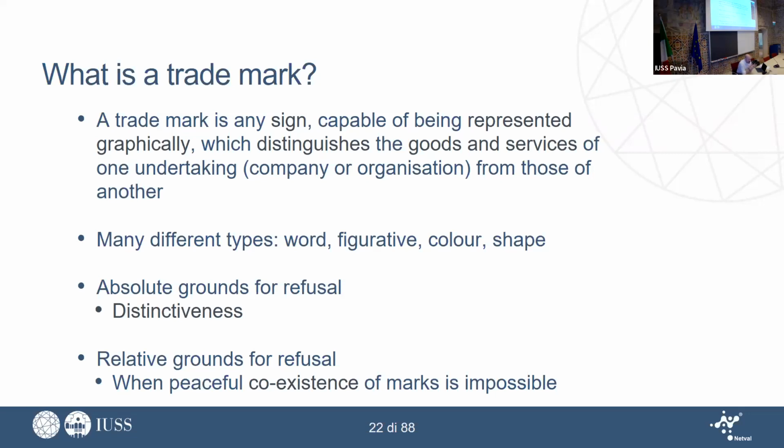In European law, the sign, the trademark, has to be able to be represented in the European Union Trademark Register. So the elimination of the geographical representation requirement from the old directive created the European trademark.